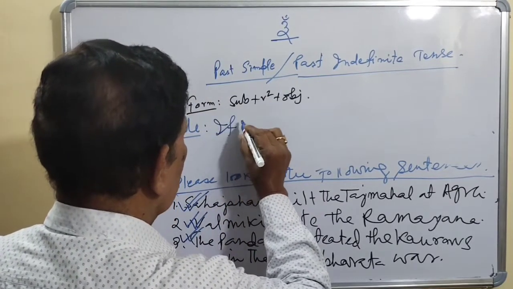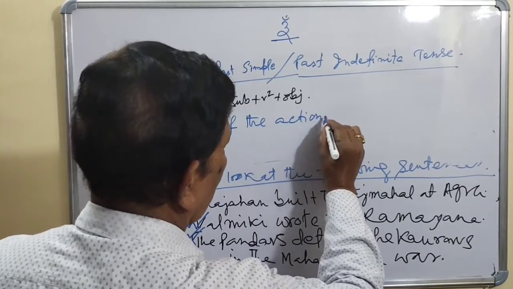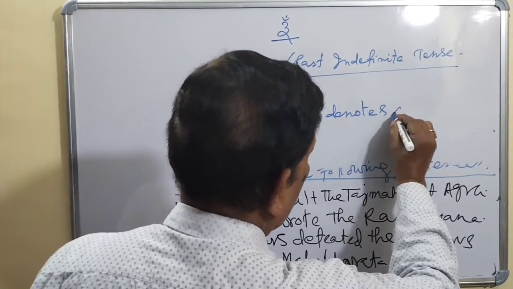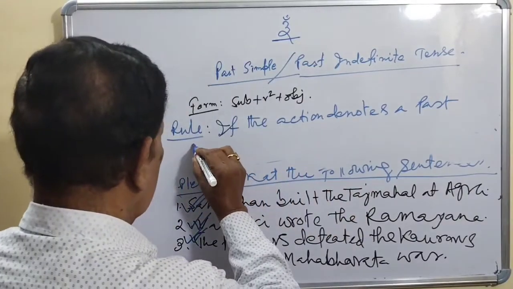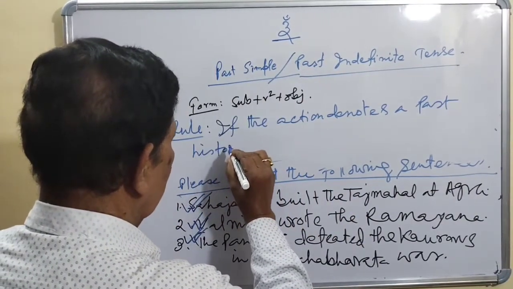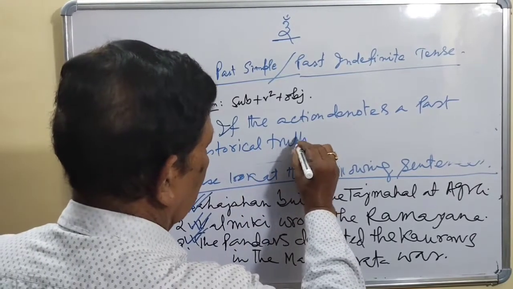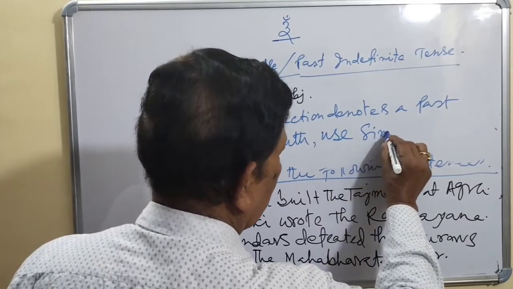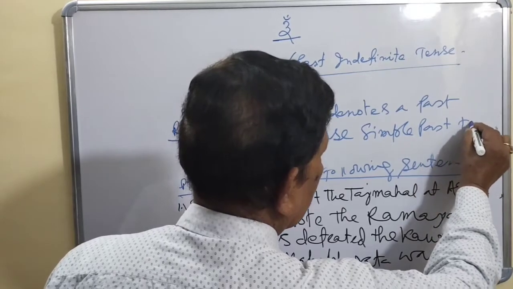See, here what I am telling you. If the action denotes a past historical truth, use simple past tense.